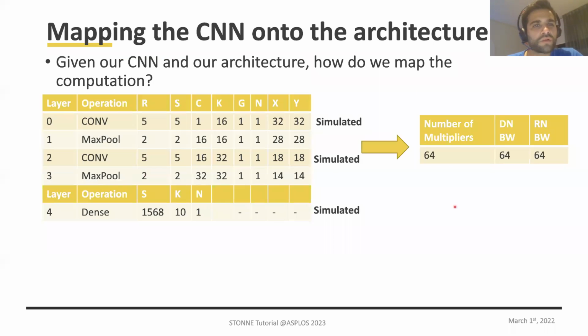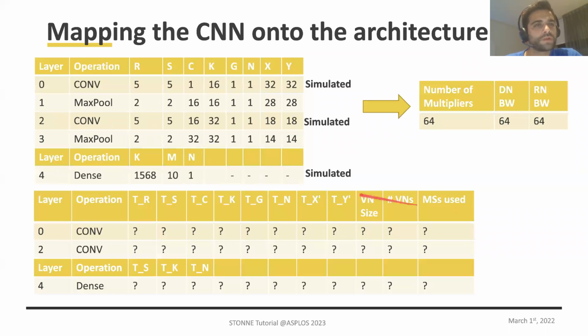Okay, so how can we do this mapping? Here we can see the 5 layers that we will run, and the 3 layers that will actually be simulated. And here we have how we are tiling them, right?